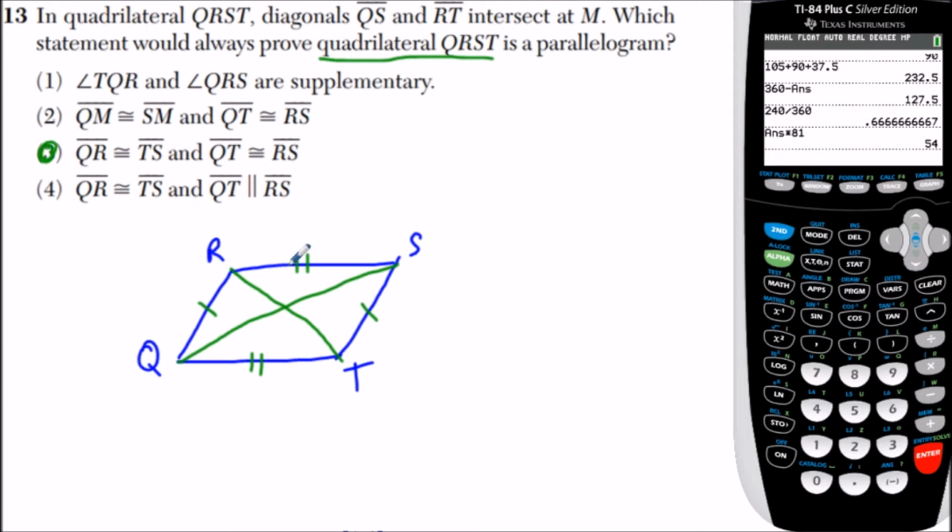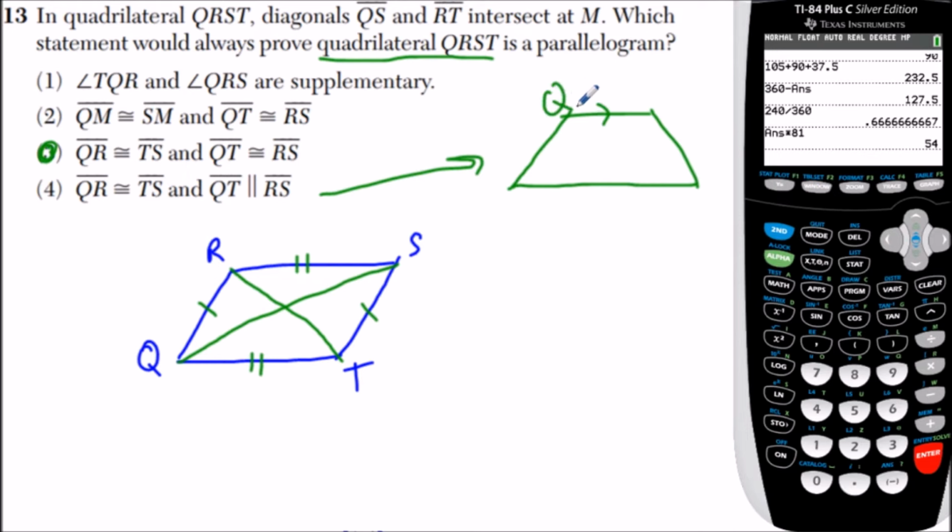The reason why this one is no good, let's say choice 4, QR is congruent to TS and QT is parallel to RS. That could model a situation where you have like an isosceles trapezoid. So let's draw that a little better. So something like this. If I were to draw an isosceles trapezoid, let's do the lettering a little different.